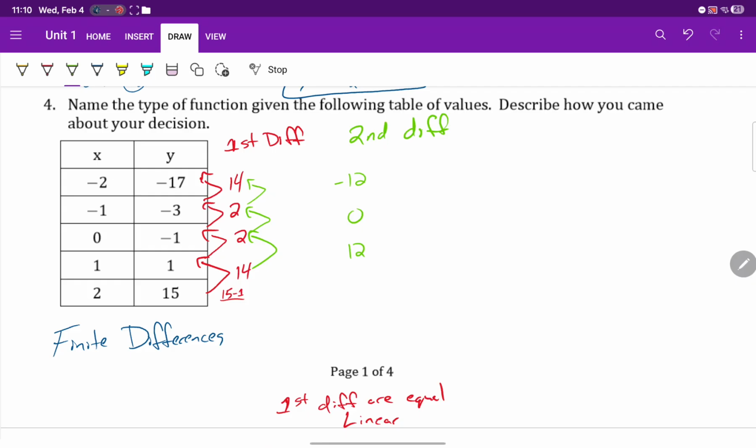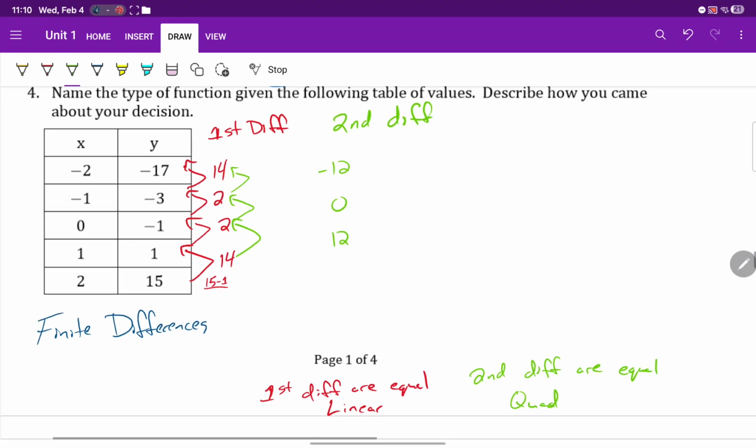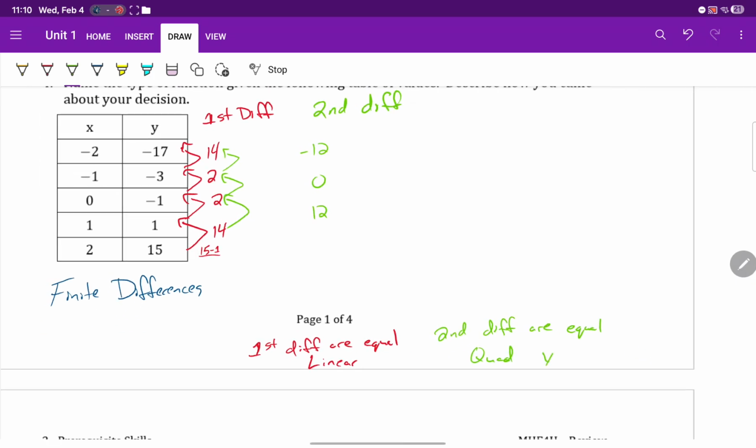In this case, if my second differences are equal, you have what's called a quadratic function, or a function that's like y equals x squared. A linear function is like y equals x to the power of 1. Notice how the exponent here matches first differences, second differences, right?